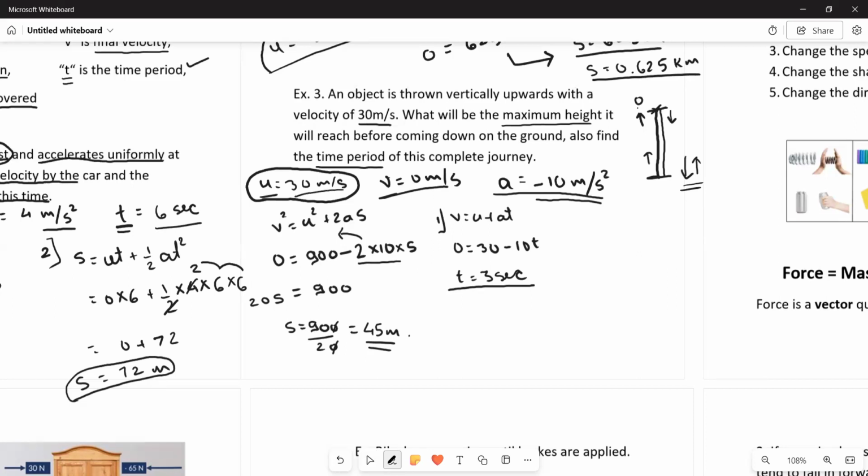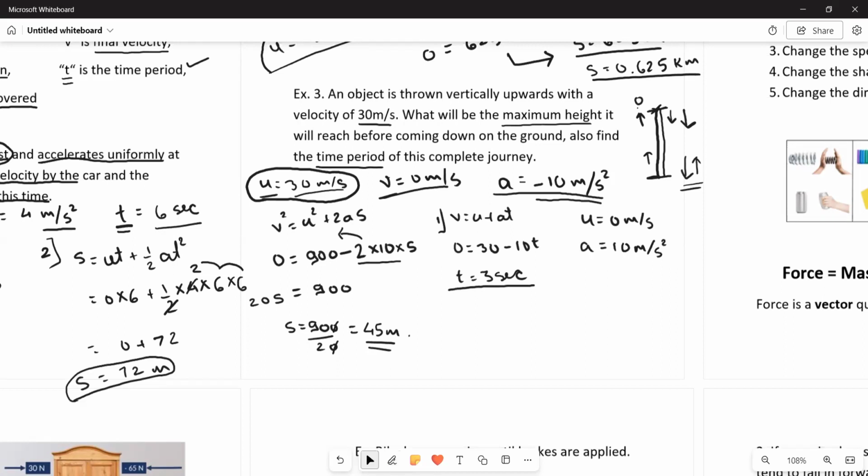But as we have reached the maximum height, now our free fall will begin. Our free fall will begin from the same height of this 45 meters. We have already calculated that we are at the height of 45 meters, and from that height our free fall will start. In that case, our initial velocity u will be equals to 0 meters per second, and as our motion is along the pull of gravity, our a will be equals to 10 meters per second square.